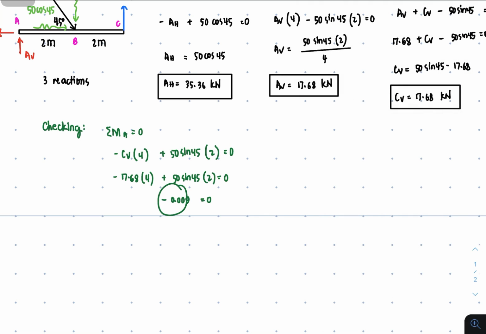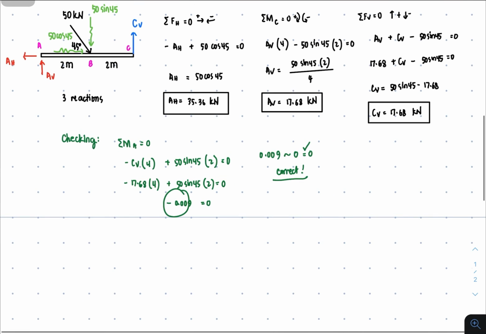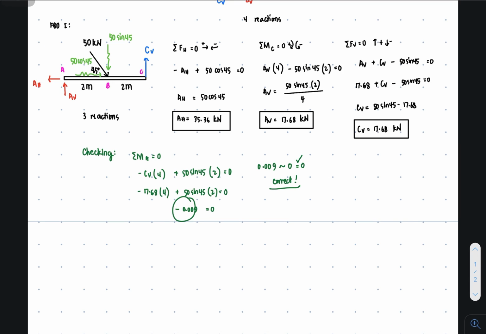Anyway, this one is just approximately 0. So 0.009 is approximately 0. Okay, so we have proven that our answer for this free body diagram is correct, just in case you wanted to know whether your answer is correct or not.